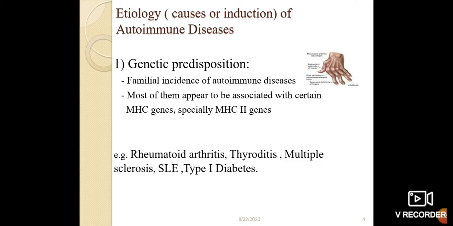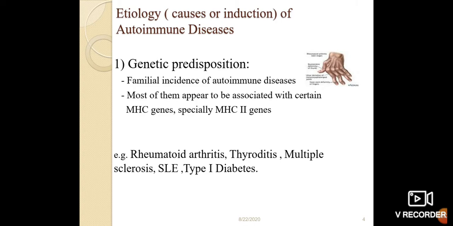What are the causes of autoimmune disease? Actually, the actual cause of autoimmune disease is unknown, but there are some predisposing factors that help in the development of autoimmune disease. The first predisposing factor is genetic predisposition.